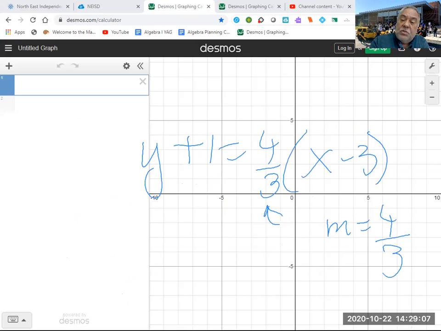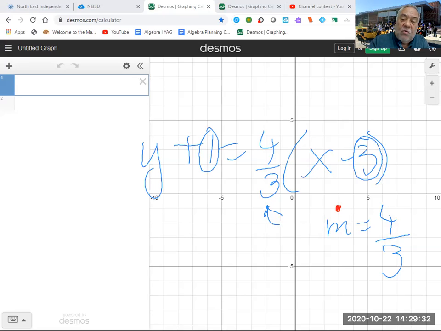The point that it goes through, x equals 3, because that's a negative, and y is equal to negative 1, because that's a positive number, not the sign. So it goes through the point 3, negative 1. So 1, 2, 3, it goes through that point right there, 3, negative 1. And the slope is 4/3. So that's one way you could do it.